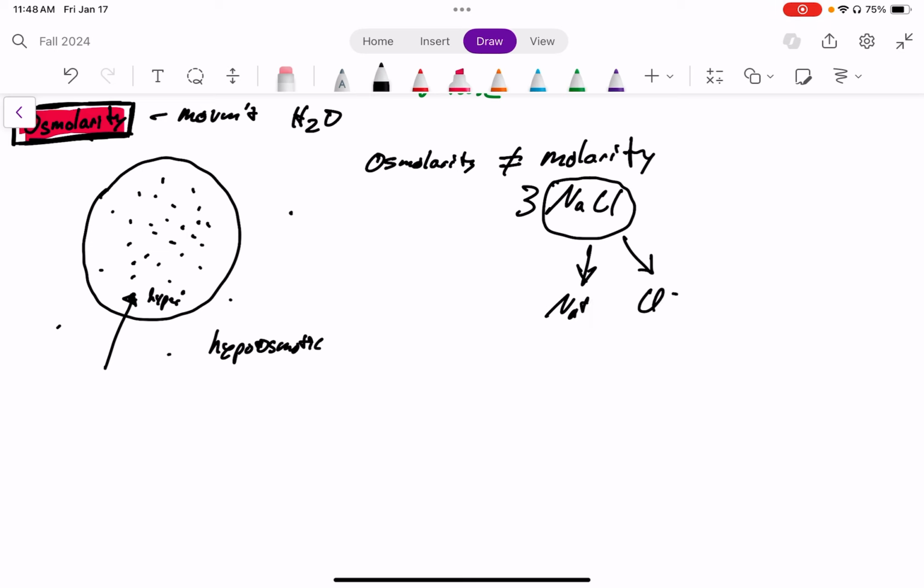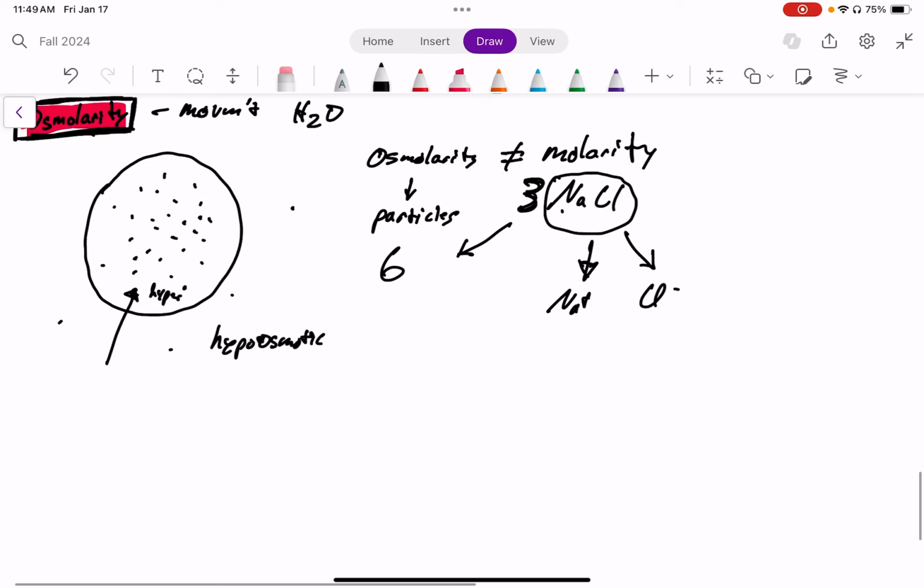And osmolarity, and how water moves, is based on particles and not molecules. Water doesn't care if the sodium chloride was together before. In solution, they're separate. And so osmolarity helps us determine the amount of particles. In this situation, if we assume that sodium chloride dissociates completely, a 3 molar solution would actually be a 6 osmolar solution.